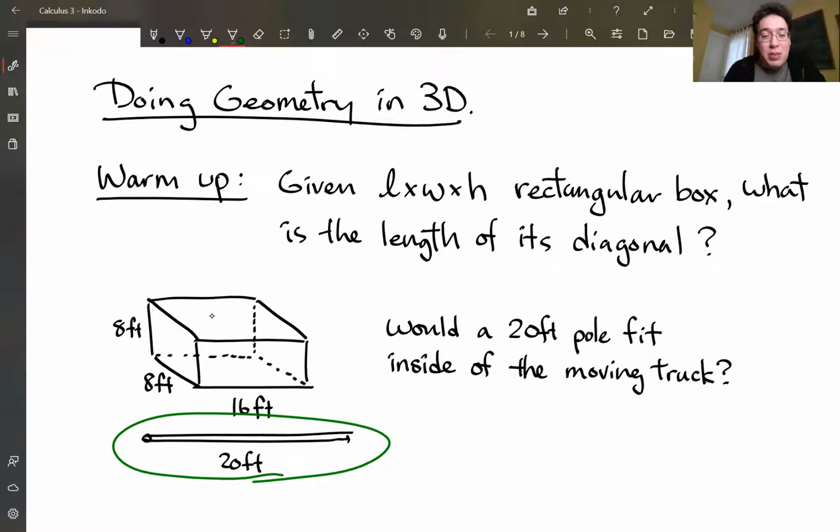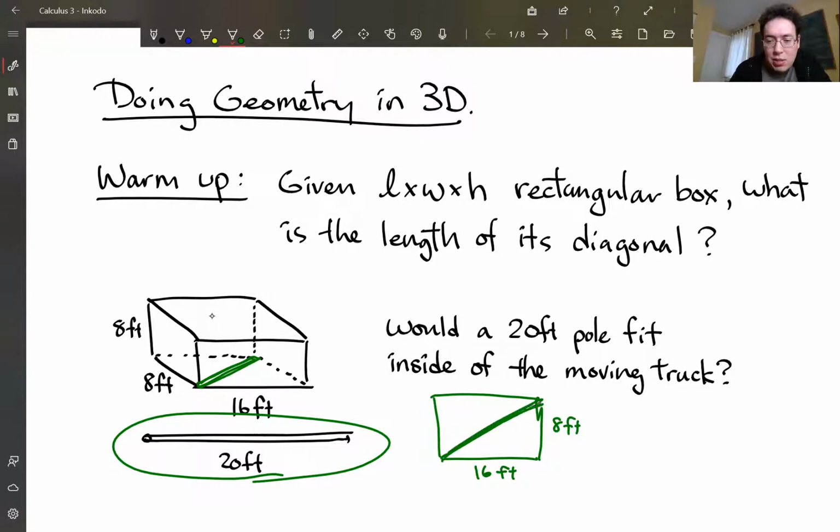Okay, so you might first think, well, it's going to stick out 4 feet if we lay it on the floor, but you could actually try to get something a little bit longer in there, right? So if you take the pole and lay it across the floor diagonally, you could get something that's longer than 16 feet. In fact, if you look at the floor from the top, that's 16 feet and that is 8 feet.